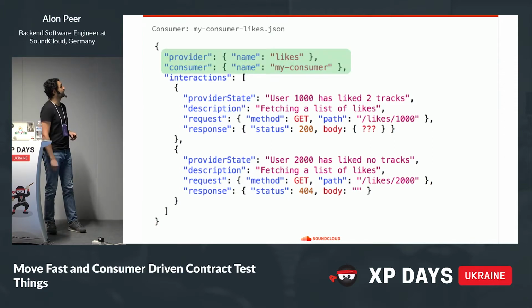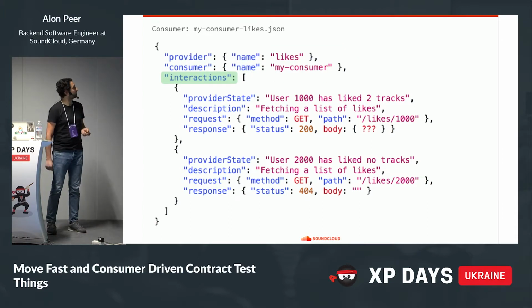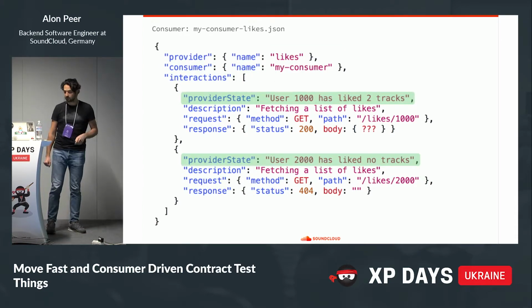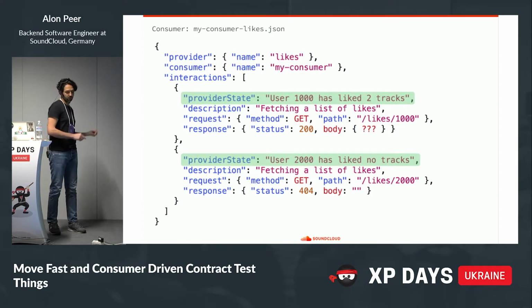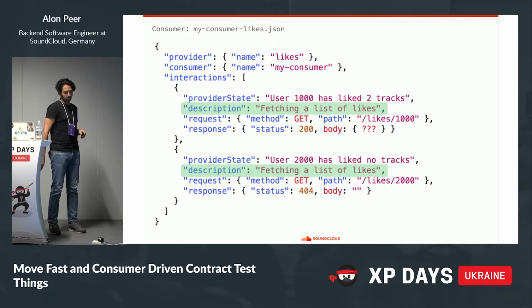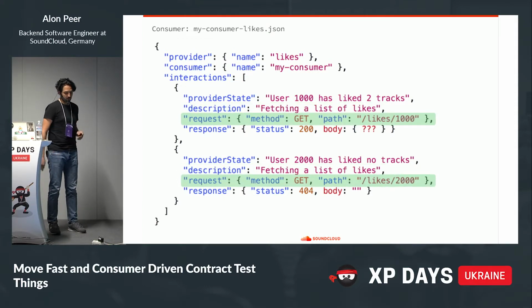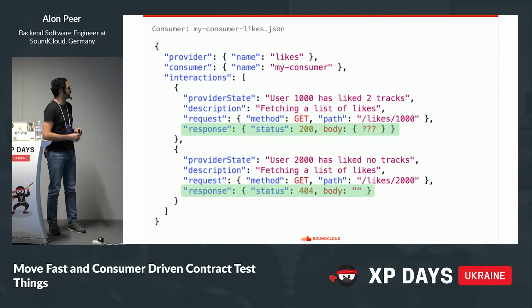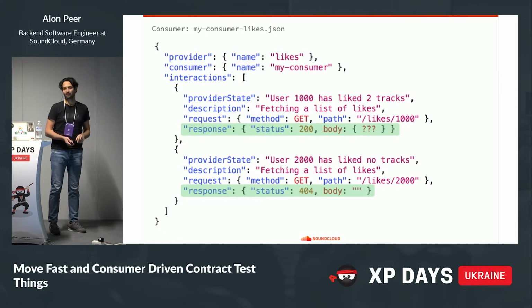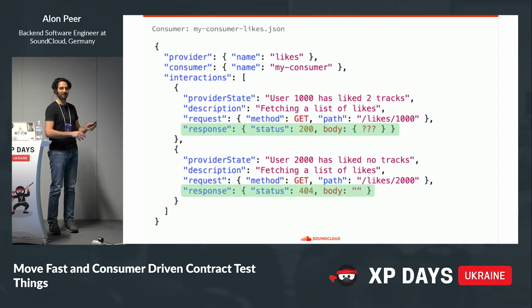This JSON file contains the provider name and consumer name, and it contains the list of interactions. Given these states, user 1000 liked 2 tracks, user 2000 liked no tracks, we have this description, fetching a list of likes, we have the requests, and we have the responses. Those question marks are basically that big blob of JSON that I didn't want to put in the slide. Just imagine there's something there.